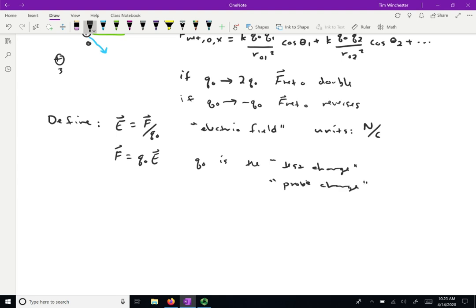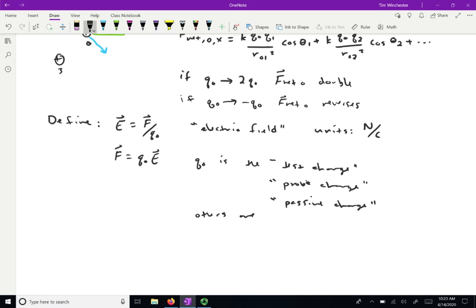So we might call it a probe charge. Or the way I like to think of it actually is as the passive charge. Okay, so the reason for that will make a little bit of sense when I give a name to what the other charges are.